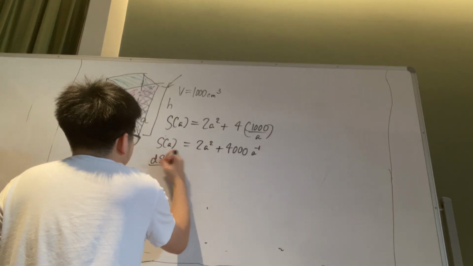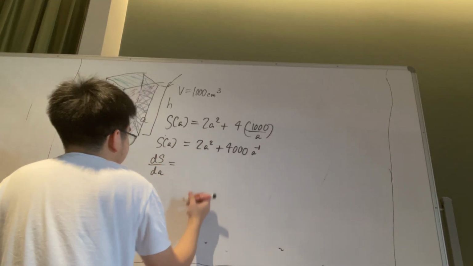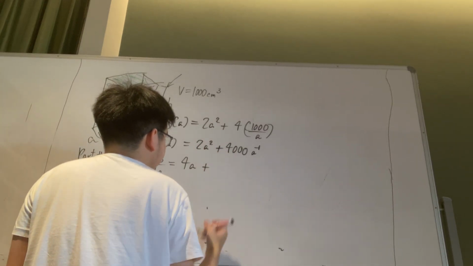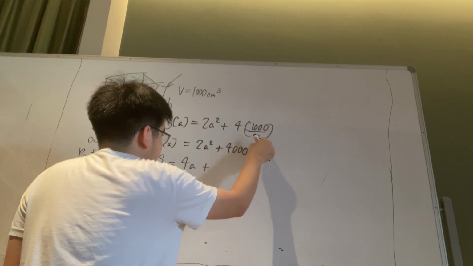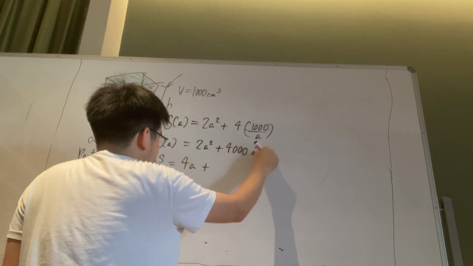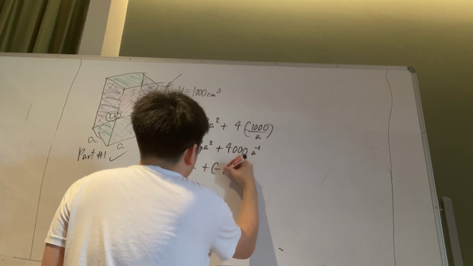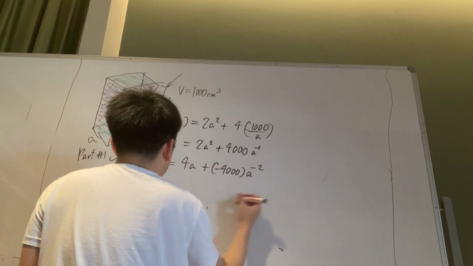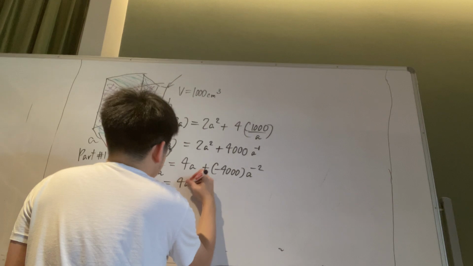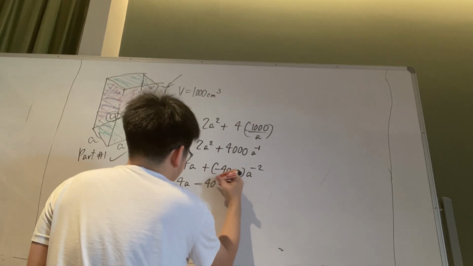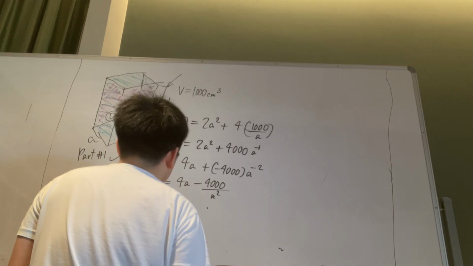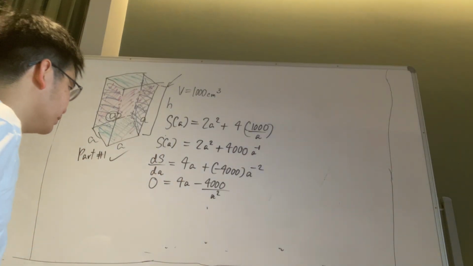Now we do dS/dA. 4a, then negative 1 comes down, decrement the exponent by 1, so that's minus 2, so that's minus 4,000 a to the minus 2. So that's 4a minus 4,000 over a squared, and this equals 0, given the assumption that we were given.